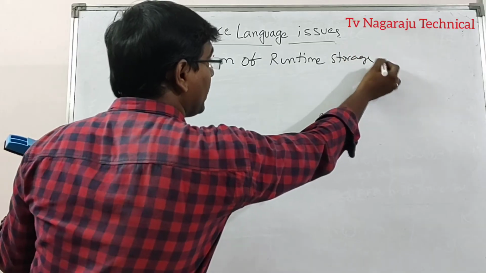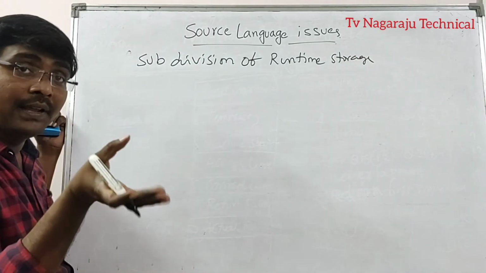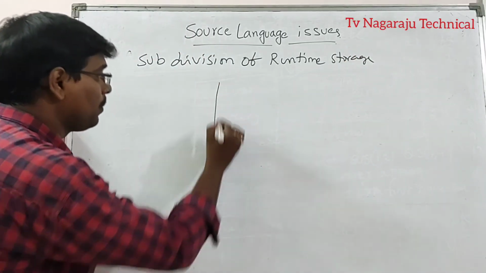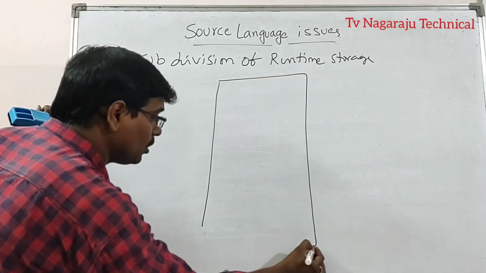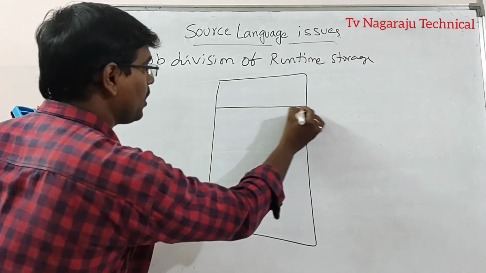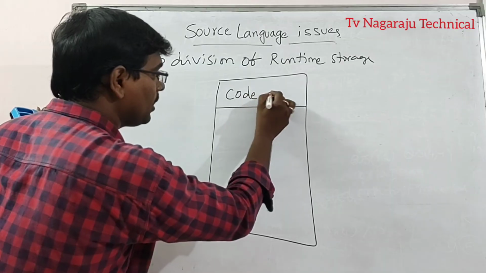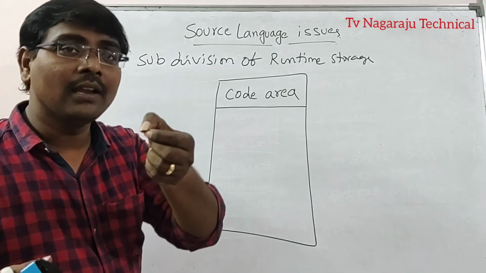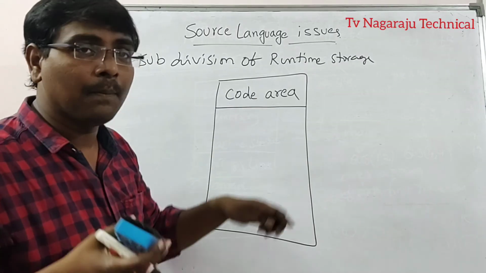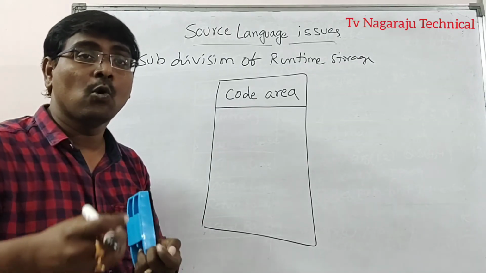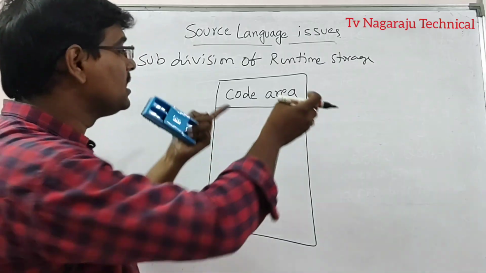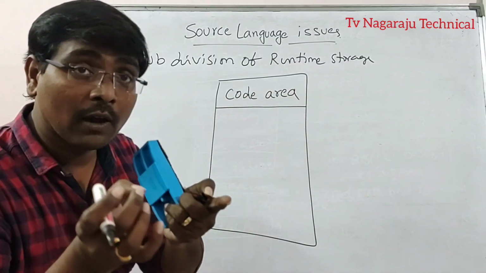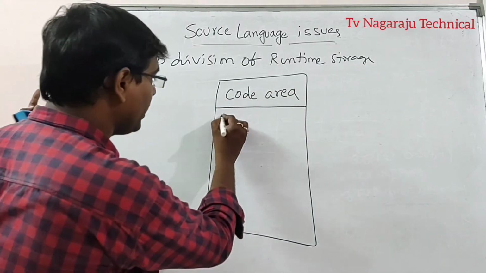My runtime storage is subdivided into 4 parts. The first part is the code area, also called the target code area. Simply the place where the code of the program is loaded.